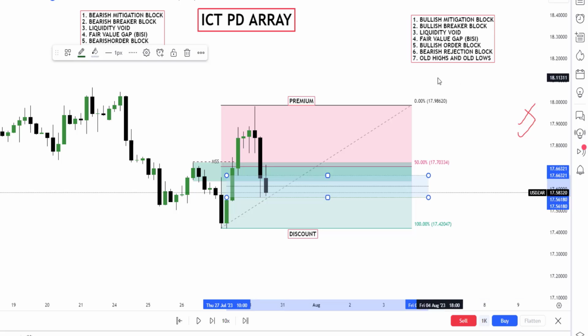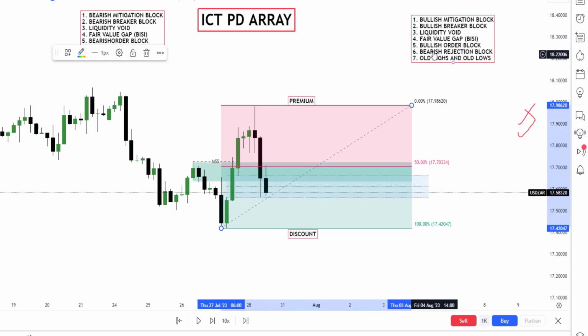And this is it. Anytime you see an empty fair value gap, if it doesn't have an order block, now fair value gap and order block are just like twin brothers. They are just like twin brothers. Every time you see a fair value gap, look for an order block beside it. And this is the secret, because the next thing is actually a bullish order block, right?